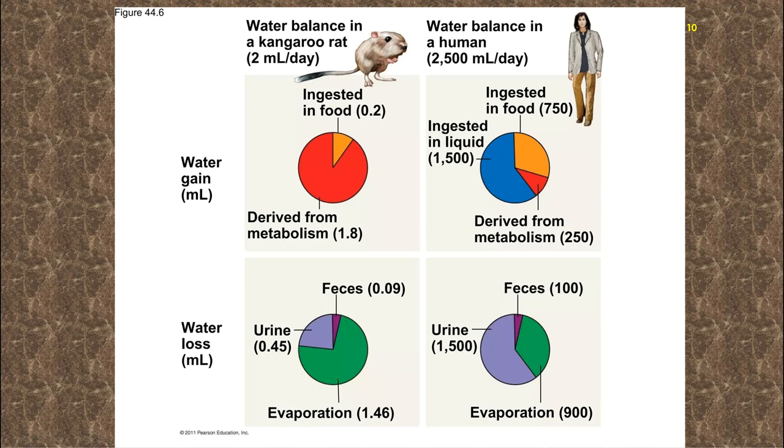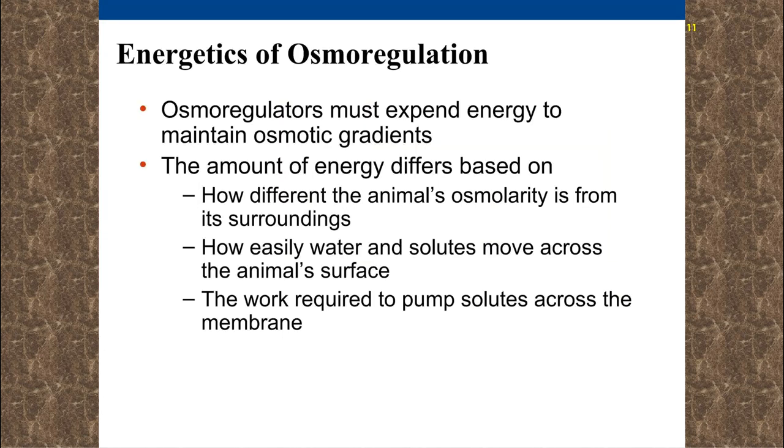So this is the way the body balances the water in its body. The body balances by osmolarity, and the energetics of osmoregulation depend upon the energy to maintain osmotic gradients, and the amount of energy differs based on how different the animal's osmolarity is from its surroundings.